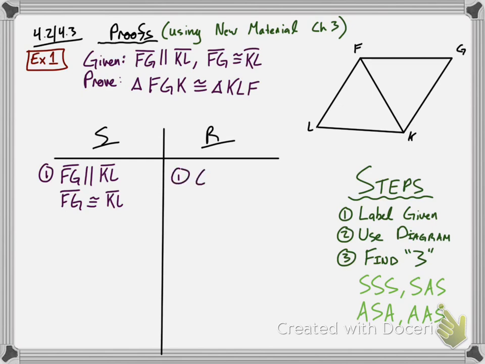Our reason is given. All right, so now we're going to make our marks in our diagram from the given. We know that FG and KL are parallel. We also know that they are congruent.